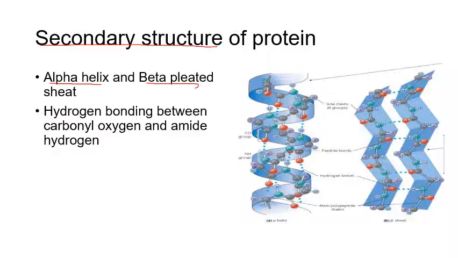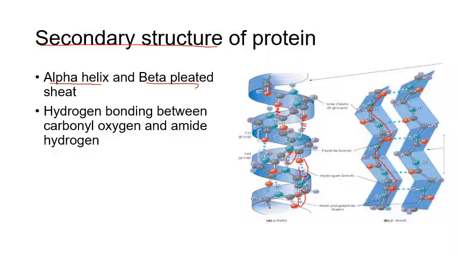You can see these hydrogen bonds, which you've seen as little dashes. This hydrogen bonding helps fold the protein, and some fold up in alpha helices, some in beta sheets. This is the first part of the folding.